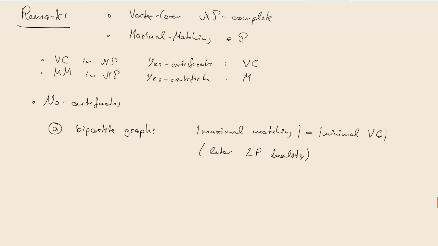But the point is that if these two are actually equal, that gives you no certificates for both problems, because vertex cover must be greater than or equal to the maximal matching, and you can actually give a certificate for the maximal matching.